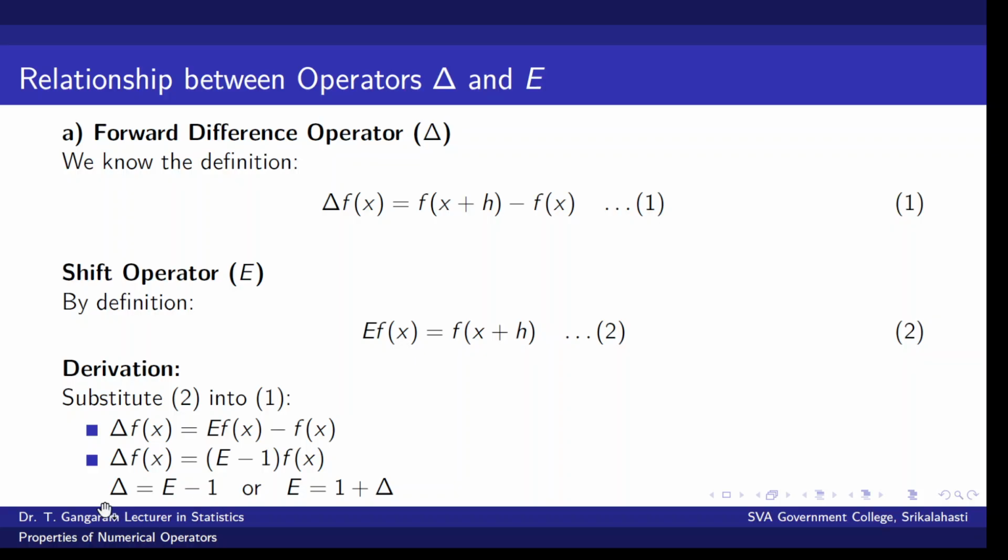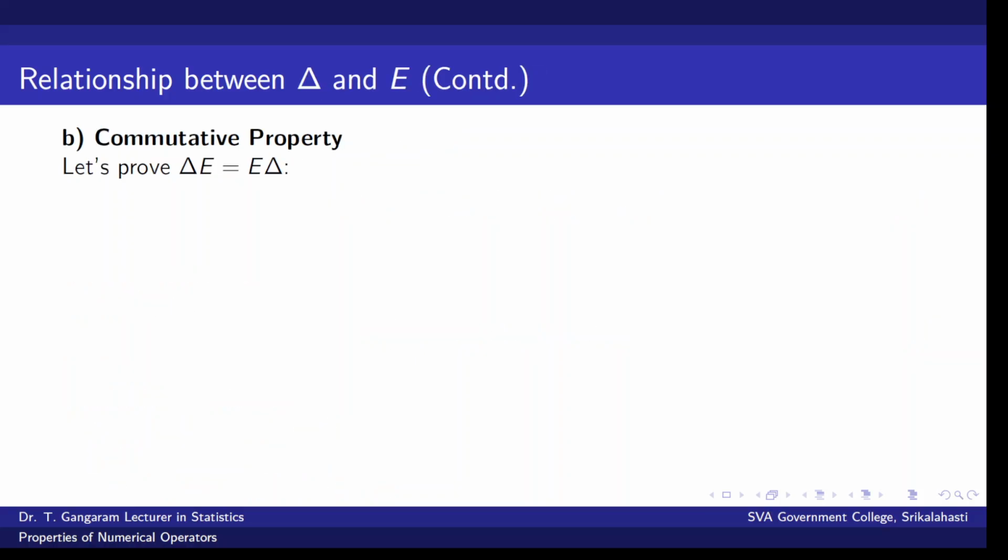We can express delta in terms of E as E minus 1, or E is equal to 1 plus delta. This is the first relationship between delta and E. By using this relationship, we can find the missing values in a polynomial or in a difference table.